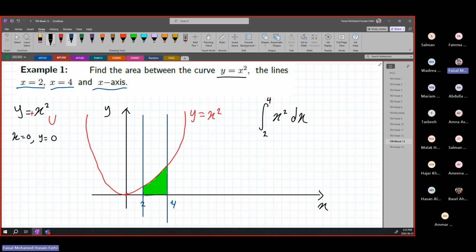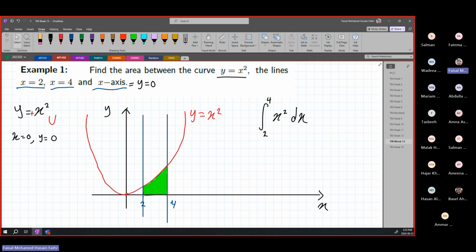Very simple, very straightforward. Keep in mind that when they say x-axis, it basically means y is equal to 0. The x-axis is just a horizontal line where y is equal to 0. Just extra information. And then you're just going to do the integration of this, and you're going to find a value.